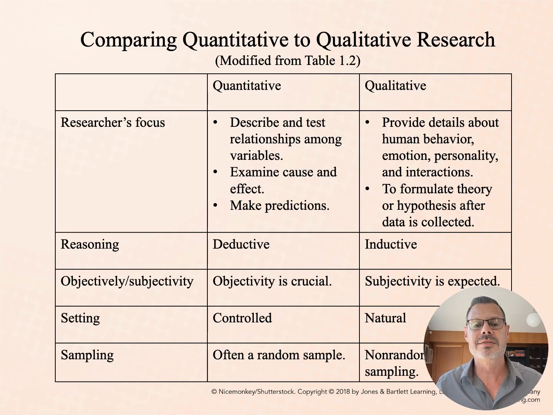My reasoning in quantitative is very deductive. If this, then that, right? My setting is typically very controlled, and we'll talk later about how we might set up experiments where you have a control group and we've got the group that's going to have the intervention, right? And when we sample, it's often a random sample, okay?